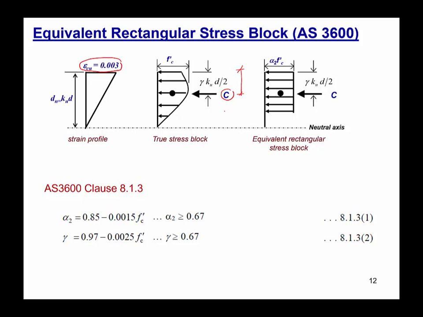Now we are representing this true stress block using an equivalent rectangular stress block in such a way that the width of the equivalent rectangular stress block is alpha 2 fc dash, and the height of the equivalent stress block is gamma kud.